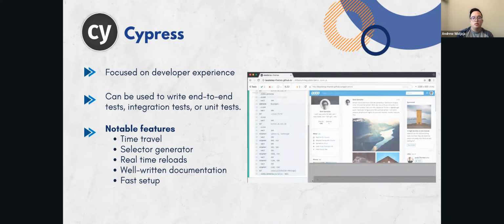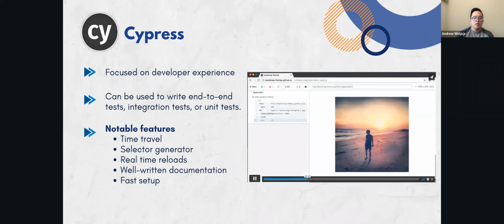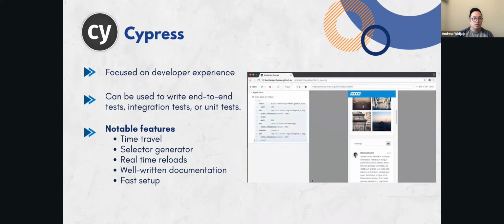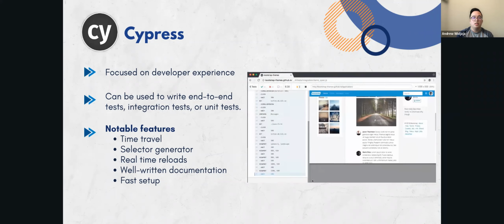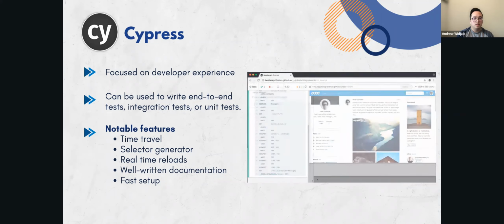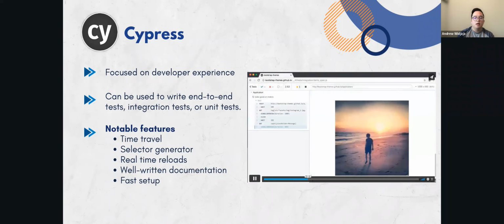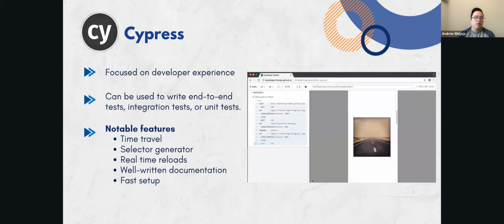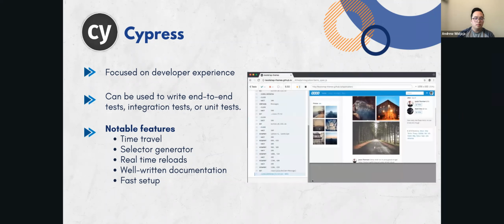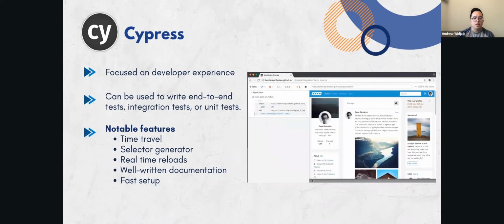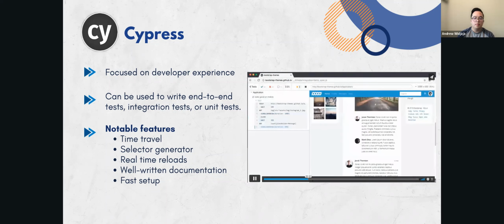Real-time reloads, well-written documentation, and a faster setup compared to Selenium. However, Cypress does have some downsides as it doesn't support multi-tabs, and tends to be less stable than the other options I mentioned today. Still a great option that's becoming more and more popular today.